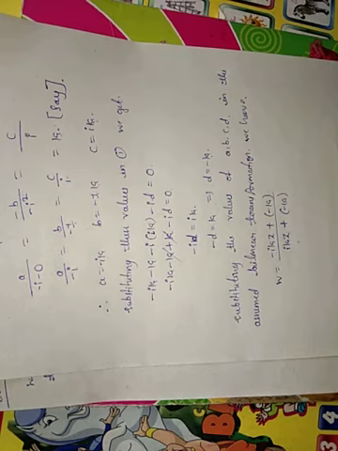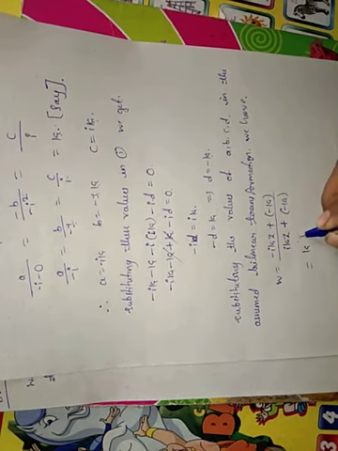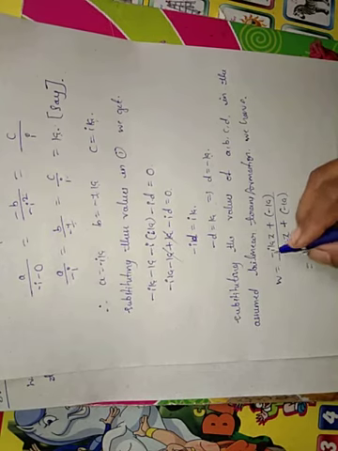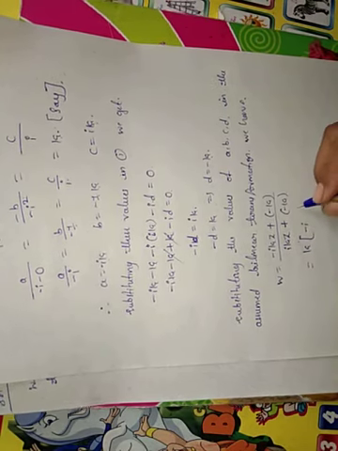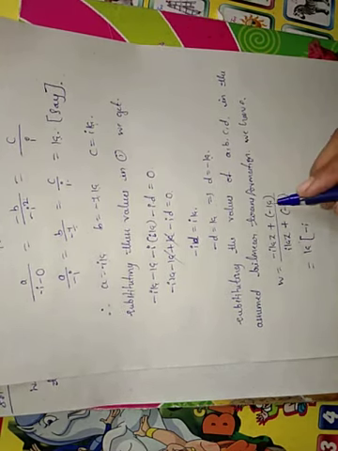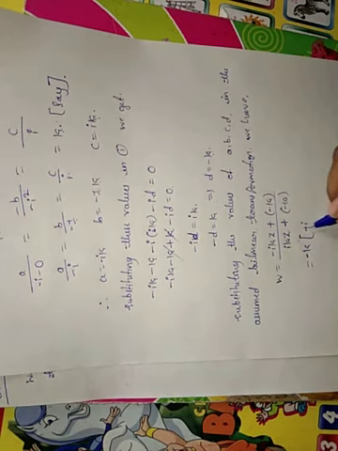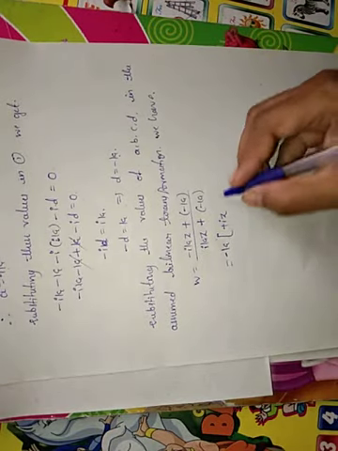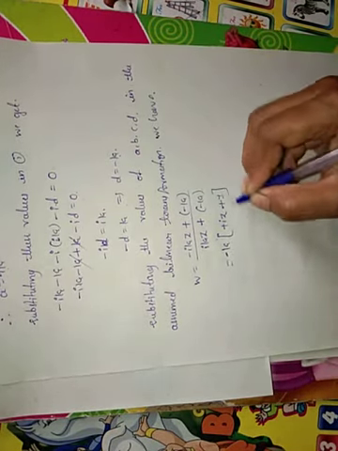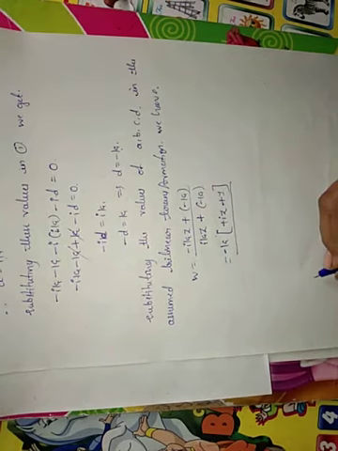Here also K is common. Take a K common outside. Remaining is minus iz. Here you can take the minus sign also common outside. Minus, that becomes plus iz, plus 1, divided by.